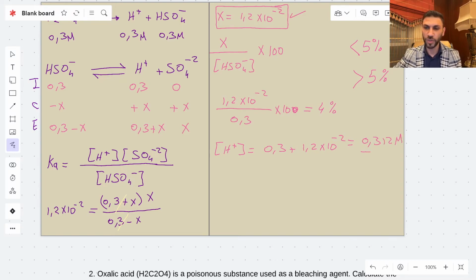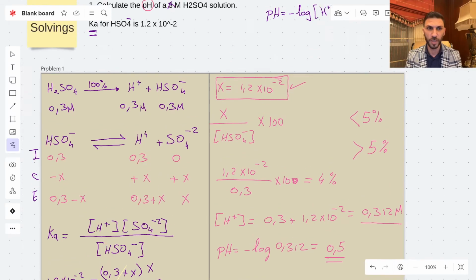Now we have this concentration of the H positive, therefore we can use pH equals to negative log the concentration of H positive, negative log 0.312, which equals to 0.5. And 0.5, that means the sulfuric acid is very, very strong.